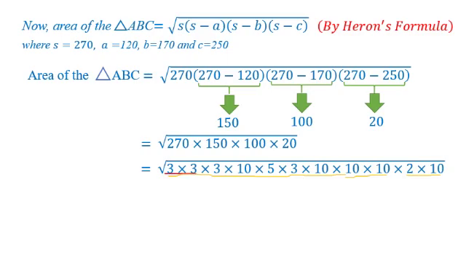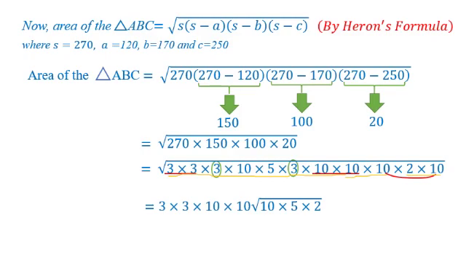Now, next, we have to pair up the same numbers. So we got the first pair as the pair of 3, and then we have a pair of 10, then one more pair of 10, and here we got one more pair of 3. Now we write these paired numbers outside the square root, and write each once.